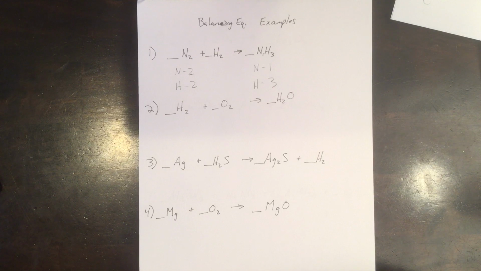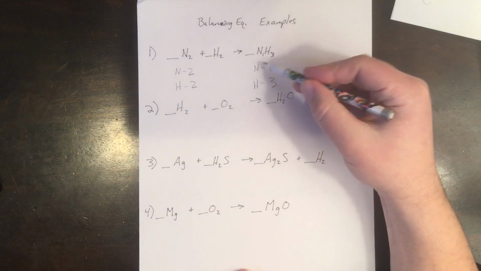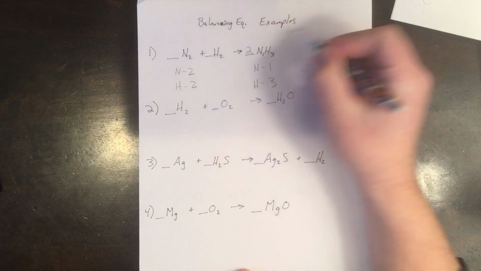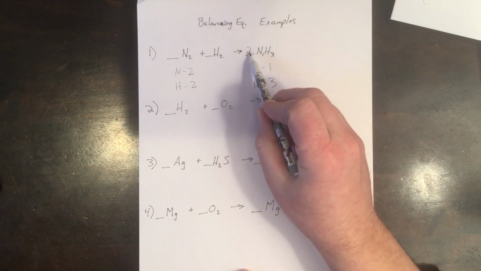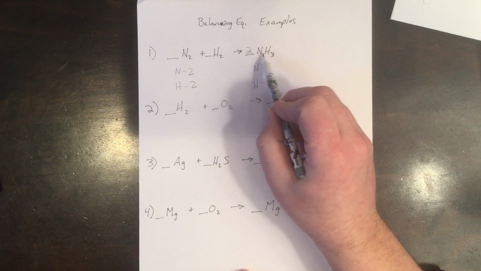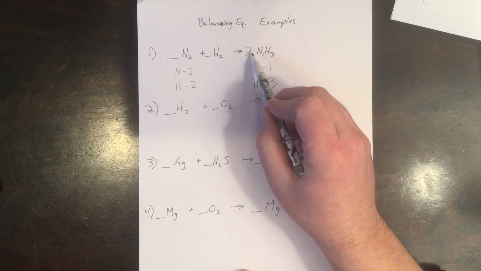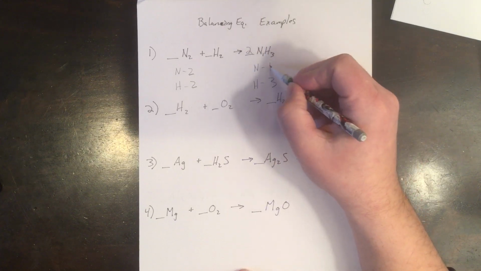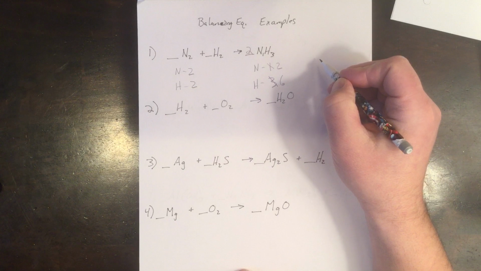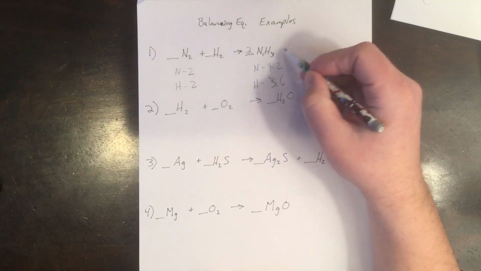Right? So what do we do? Well, obviously we need to get nitrogens up to 2. The way to do that would be to put a 2 here. So now we take 2 times our subscripts. So 2 times 1 is 2. 2 times 3 is 6. And I showed this in another video.